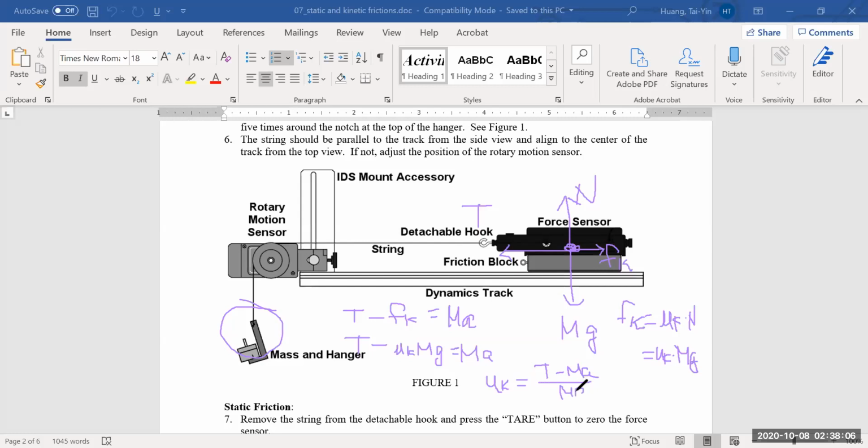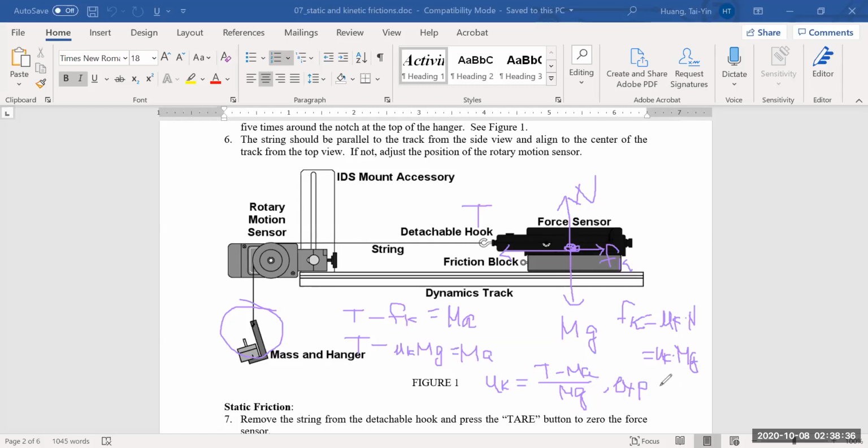and then G. Okay, so we're going to treat this as your experimental value. Okay, so tension will be given. The M is the mass of these two things, and your A, you'll be given data to calculate A. You use the average value of the acceleration in this equation, and then you have the M, which is the same M here, and you have the G, which is 9.8.